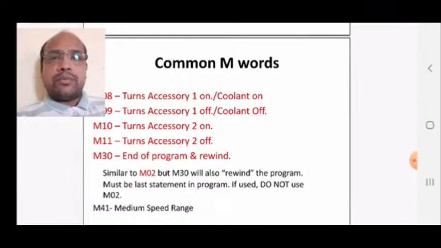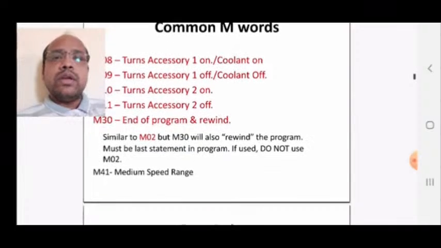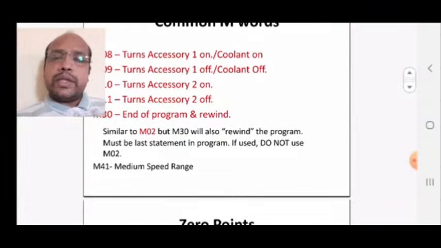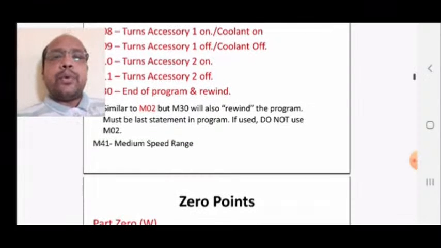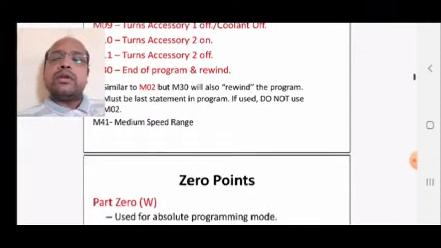M30, end of the program and rewind the program. So the same program is executed again and again if you use M30 code. Instead of M02, you can use M30 if you want to go for a larger production process. M41 is used for medium speed range. If RPM is not more, you can use M41 code.